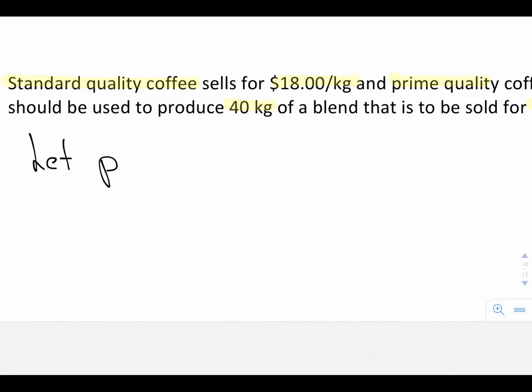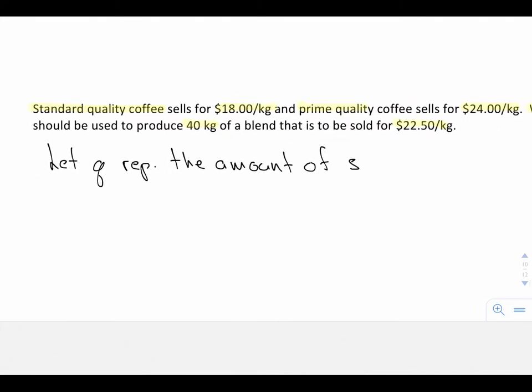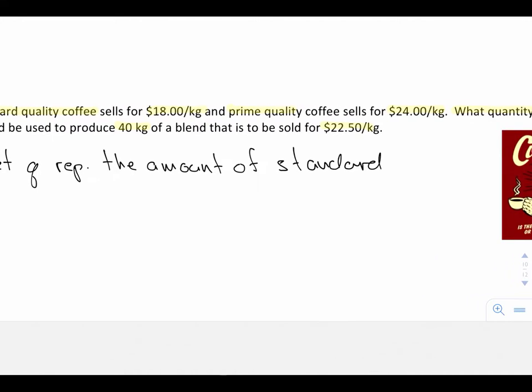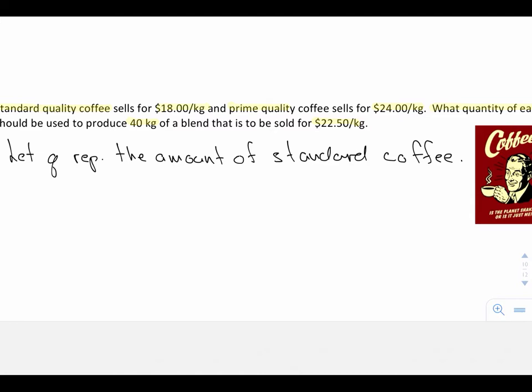Let Q represent the amount of standard coffee, and I'm going to let P represent the amount of premium coffee that I'm going to use in this blend.